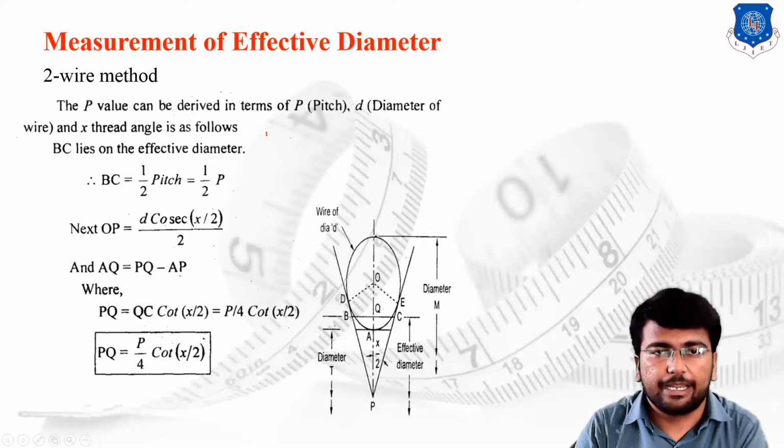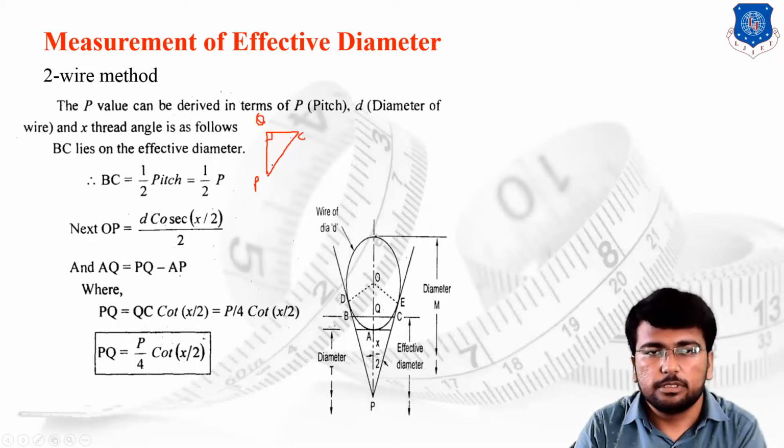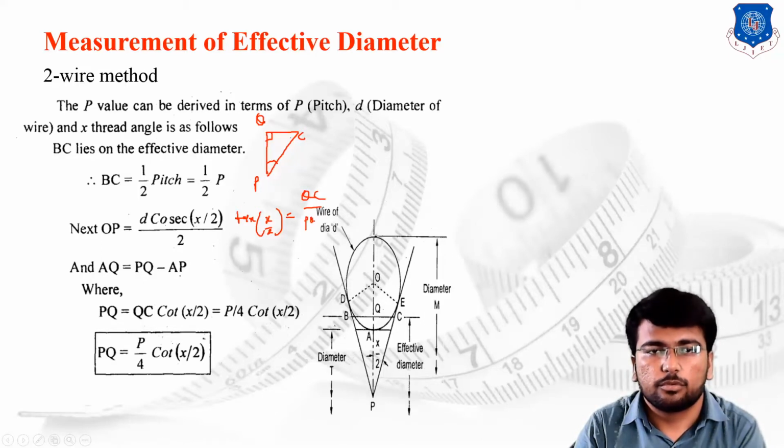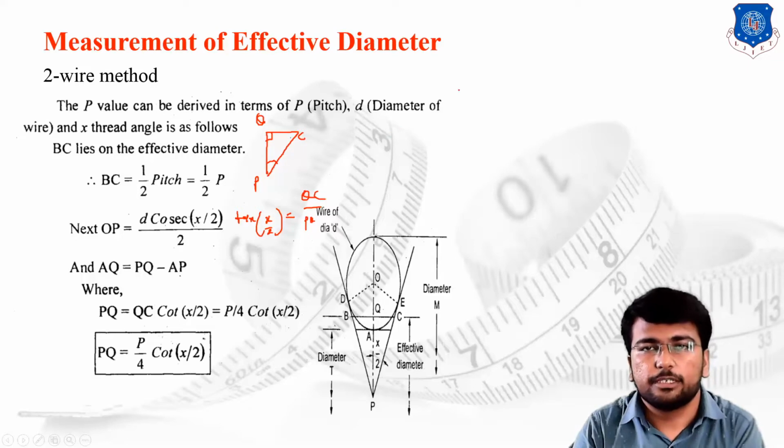What have we taken? We have taken the triangle PQC. Check on your screen. CQ, this is the right angle, this is the angle. We have to take the tan of x by 2. Now what is the tan of x by 2? Opposite side by adjacent side. Now what is the QC?